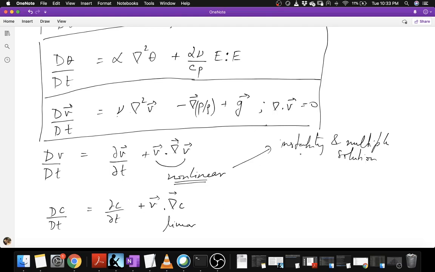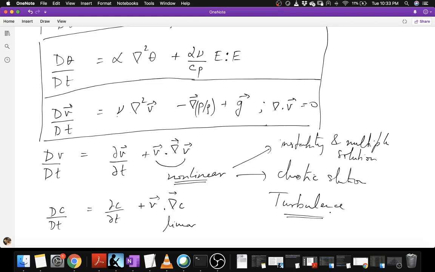The same nonlinear term, via instabilities and so on, can lead to a strong multi-scale nature and chaotic solutions. That is, solutions which are aperiodic but bounded and appear random, and in their extreme version it's basically what we call turbulence.